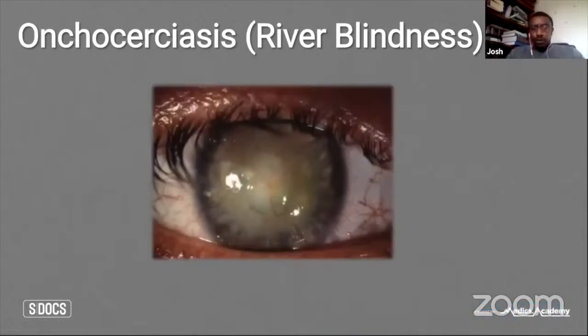So what's the pathology of onchocerciasis? As we just saw in the previous image, the parasite comes into the eye, and actually preferentially will come to the eye. Once it comes into the eye, the parasite likes to burrow into the cornea. It damages the cornea, and it causes lots of scarring.